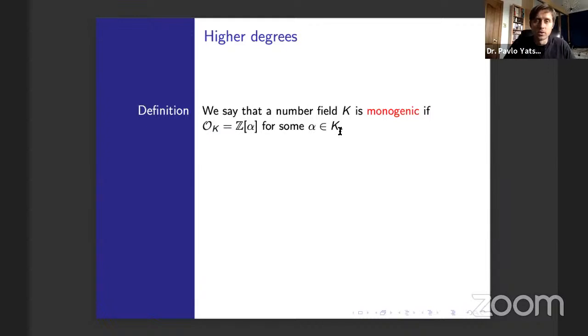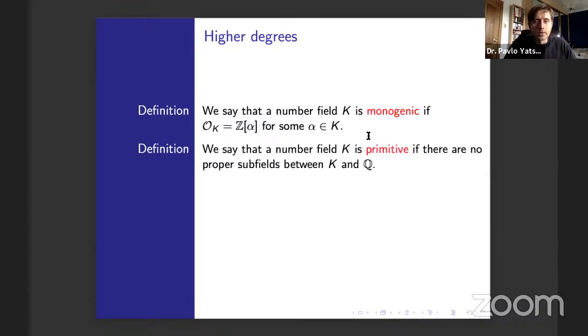This is not always the case. Nevertheless, when it is the case, we say the number field is monogenic. We also need to restrict to number fields which are primitive. By that, I mean that there are no proper subfields between K and Q. For example, any number field of prime degree will be primitive.